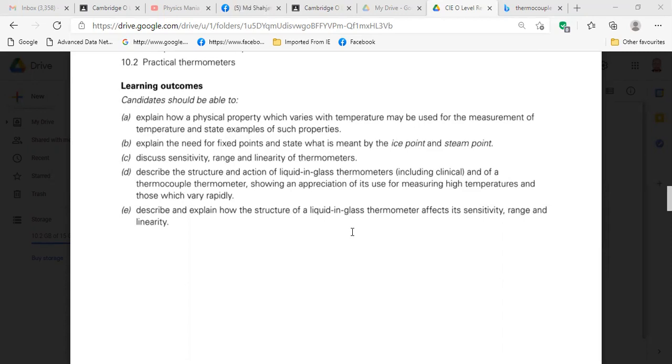If you keep the thermometer in melting ice, you will always get 0 degrees Celsius. And if you keep the thermometer in boiling water, you will always get 100 degrees Celsius. That's why these two are called fixed points, and the ice point is called the lower fixed point, and the steam point is called the upper fixed point.